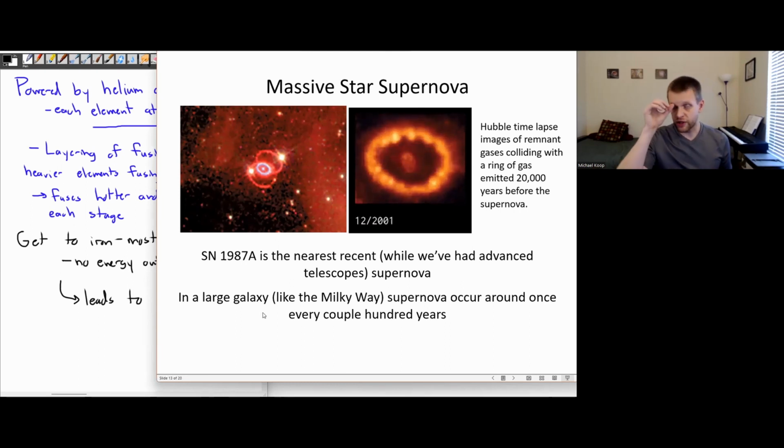But even if these only occur every couple hundred years in a large-sized galaxy like our Milky Way, we monitor many, many thousands of galaxies, and there are specific programs to detect when these supernovas go off in distant galaxies, and we see these happen most nights. We see a lot of examples of these kinds of supernovas.